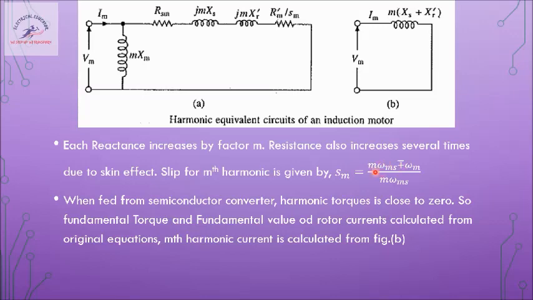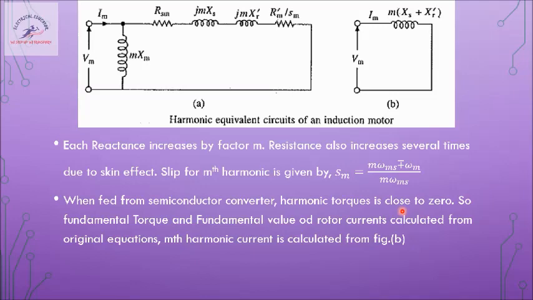And as the value of m goes on increasing, the value of Sm will be almost equal to 1. When this is almost equal to 1, the effect of torques is 0, because when the slip is unity, there will not be any torque produced. That is, when the rotor speed is equal to the synchronous speed, there will not be any torque produced.